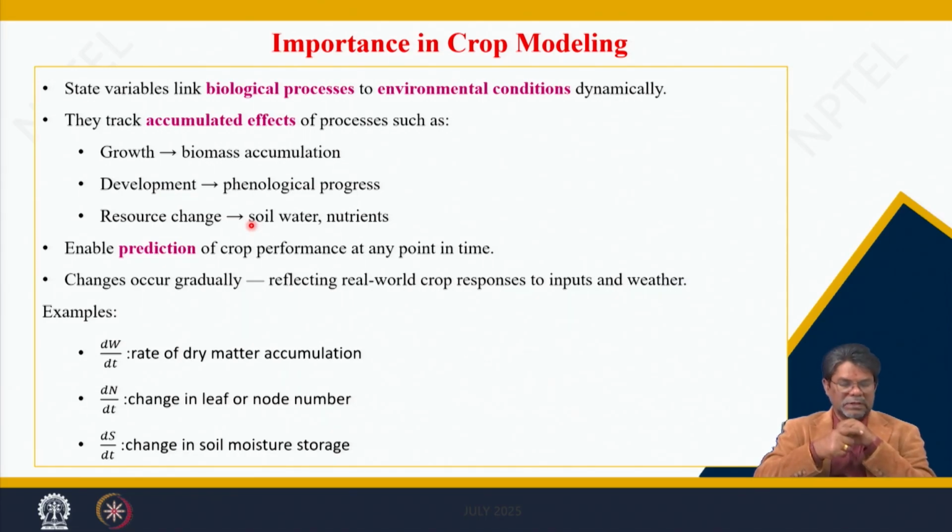These state variables influence the system and enable prediction of crop performance at any point in time. Changes occur gradually, reflecting the real-world crop response to inputs.